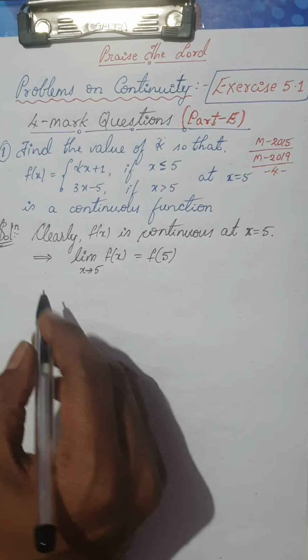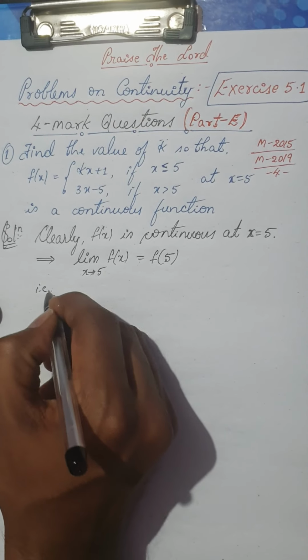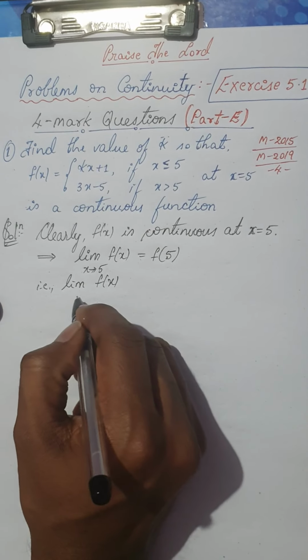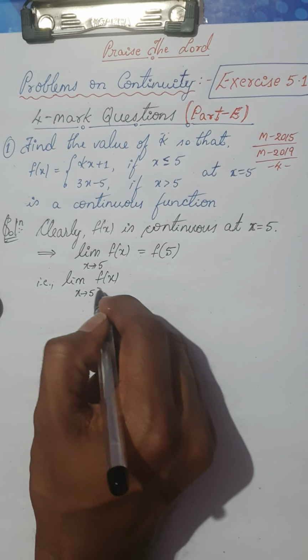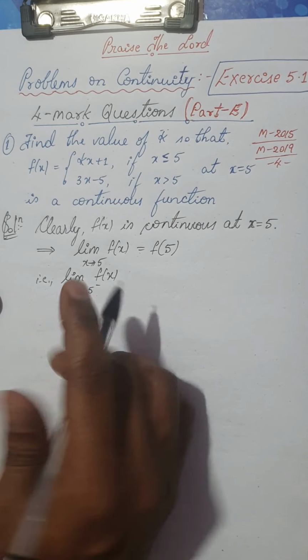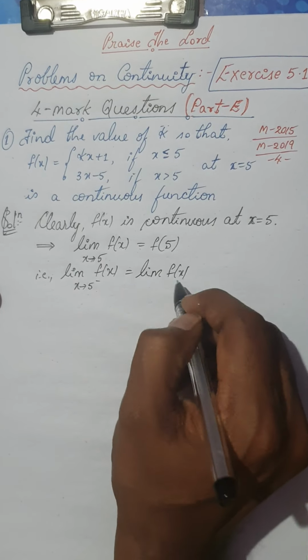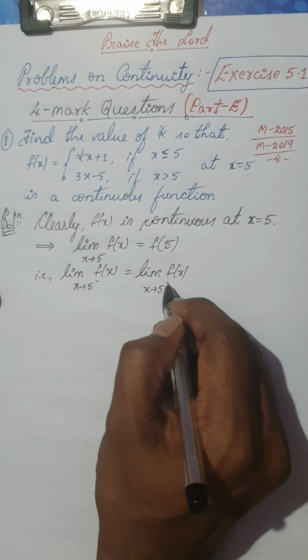So in that case, I consider this procedure: the left hand limit of f of x as x approaches 5 is the same as the right hand limit of f of x as x tends to 5.